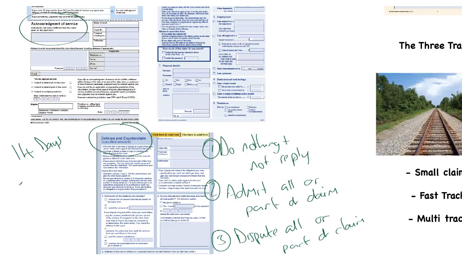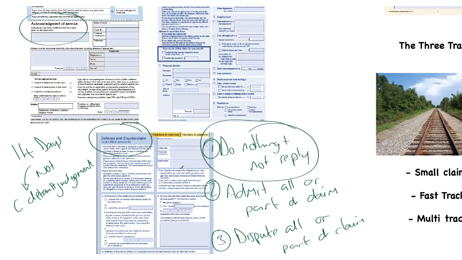And if they don't do anything within 14 days, then the claimant can file for a default judgment, which essentially means the claimant can file for a judgment in their favour. So that's why doing nothing and not replying is not a good idea, because essentially it means that the claimant can win for a no contest, or can claim for a no contest win.